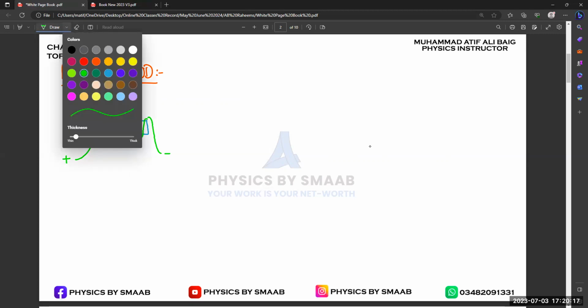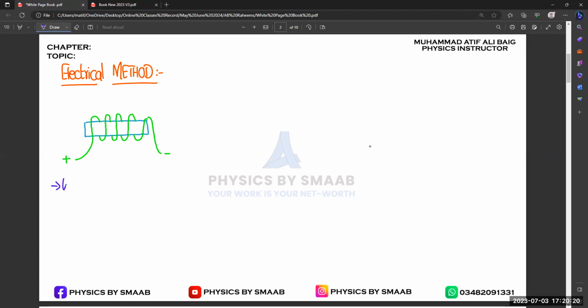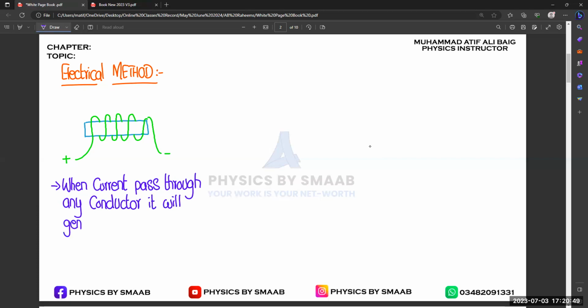For your reference I will just write it: whenever current passes through any conductor, it will generate a magnetic field around it.